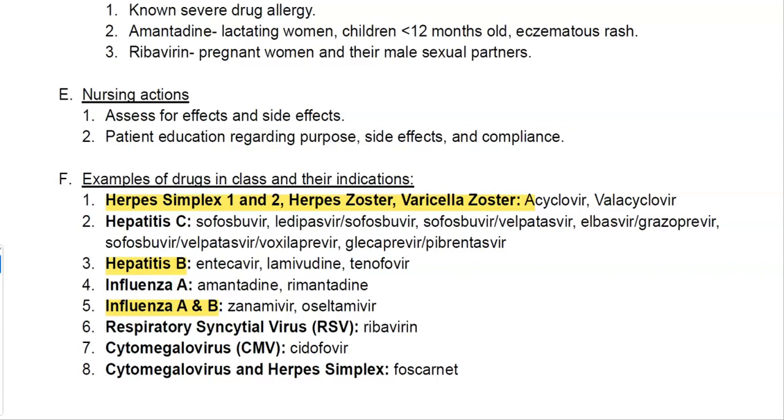For cytomegalovirus or CMV, we use cidofovir, and foscarnet can also treat both cytomegalovirus and herpes simplex. So these are your medications. If it's highlighted, it means that most likely it is going to be on the test, so please remember them.